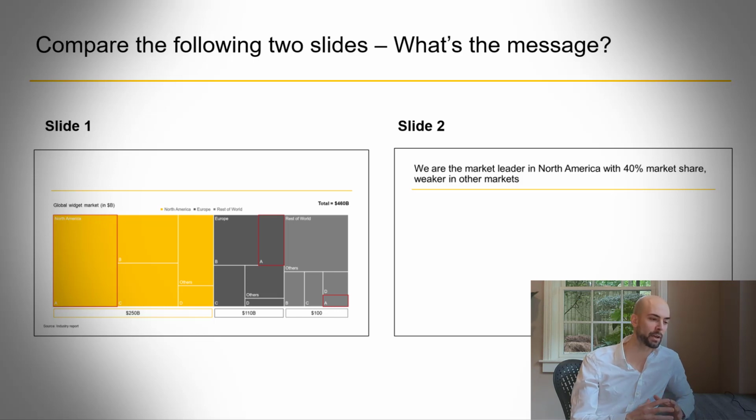With any slide or any communication, you want to make it as easy as possible for readers, for listeners to get the point. Especially when you think about sitting in a presentation with 20 slides, 40 slides, it's really hard to digest it all. And so the easier it is to convey the message, the better.